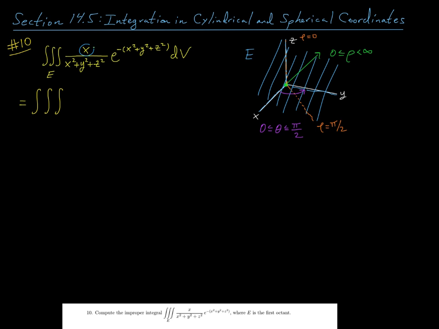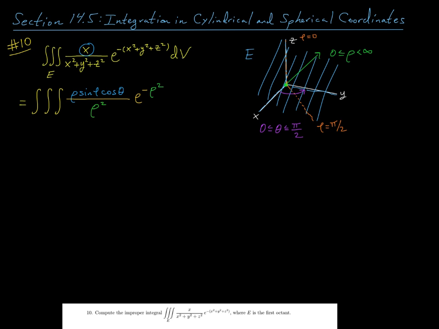Okay, so let's go ahead now and write down this integral. So x in spherical we derived was rho sine phi cos theta, and then we're dividing that by x squared plus y squared plus z squared, and that's just rho squared in spherical. Then we have e to the minus, well, that same quantity, x squared plus y squared plus z squared, so that's just rho squared.